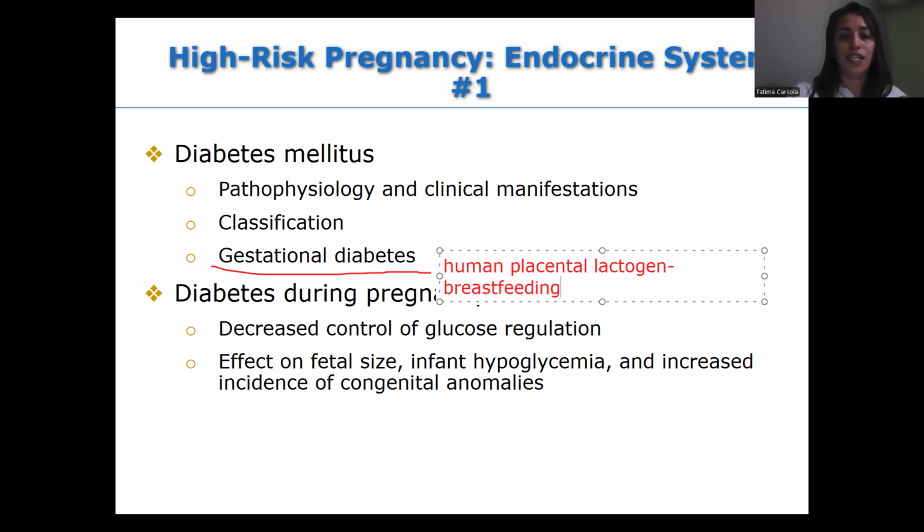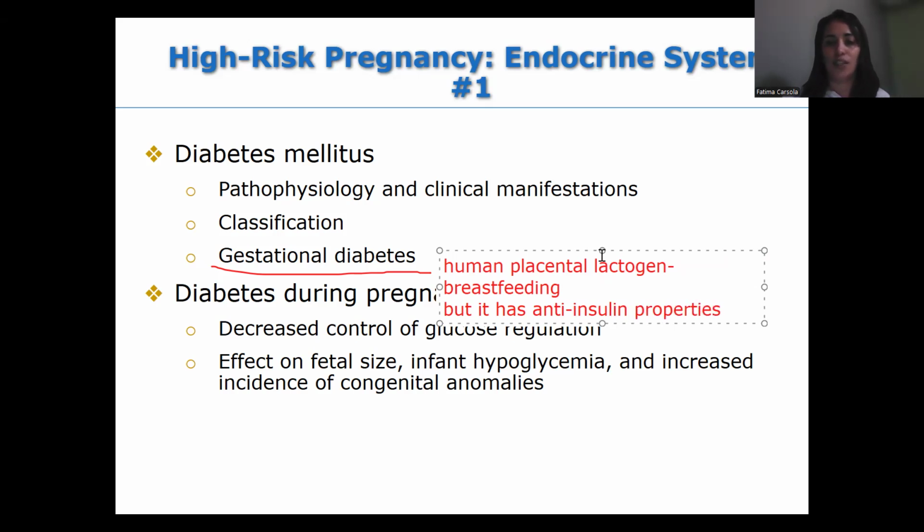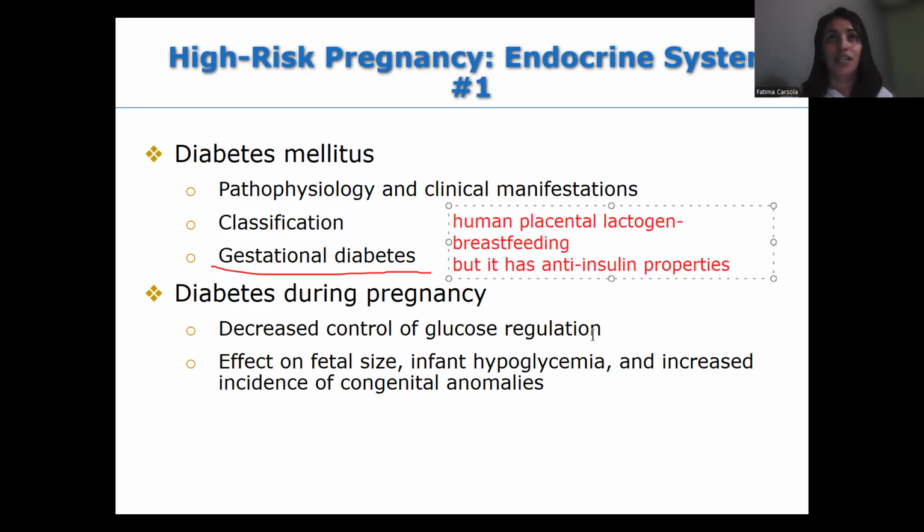But then again, it's for the purposes of breastfeeding, but it has anti-insulin properties, meaning the insulin is not opening the cell for glucose to go inside the cell and for us to develop ATP, adenosine triphosphate, or energy.